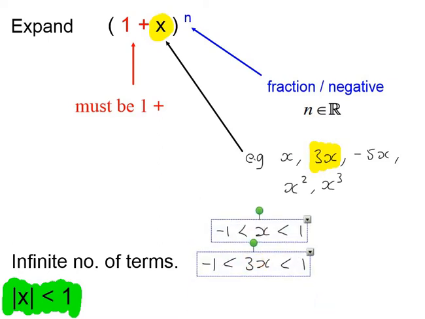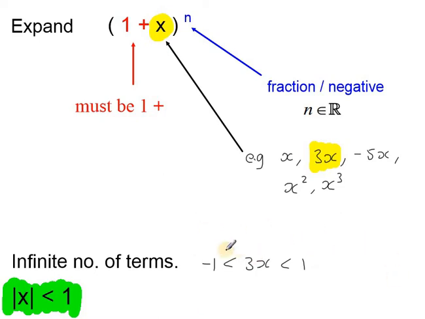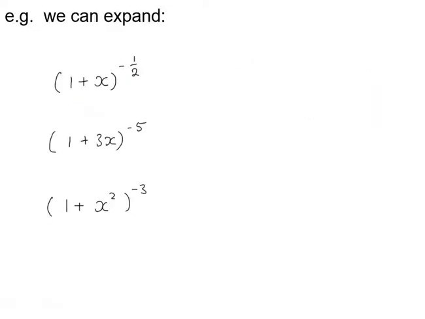Typically what you would do here is divide by 3, so you get this. Another way of writing the same thing is the size of x is less than a third, or the magnitude, or its modulus. Some examples of what we can expand.